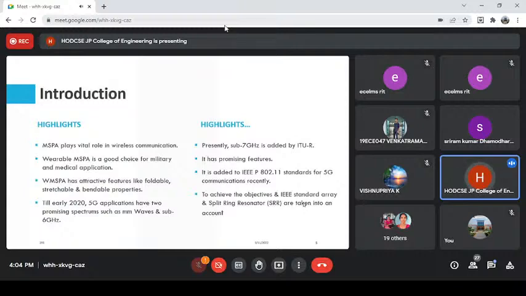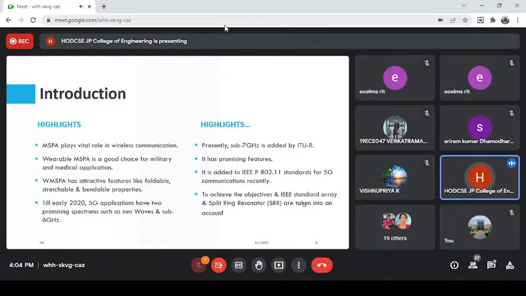Introduction of this research work. We know that in recent years, wireless communication is increasing day by day, and the microstrip patch antenna plays a predominant role in this modern era of wireless communication. The wearable microstrip patch antenna is a good choice. Now we get into 5G wireless communication.